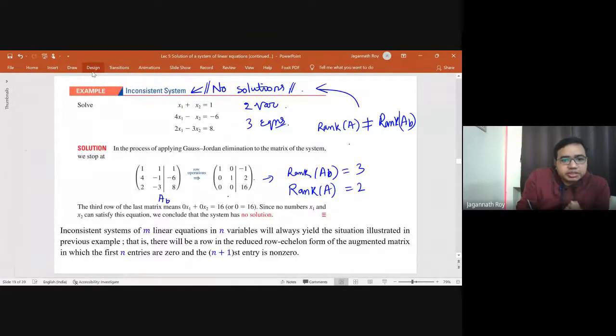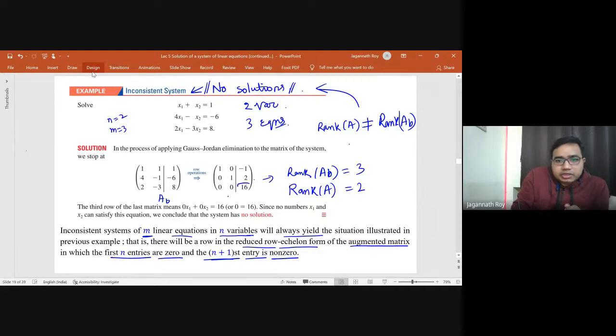In the inconsistent system, if you have a generalized system of M linear equations, here M equals 3 and N equals 2, in N variables, it will always give us a situation where in the reduced row echelon form of the augmented matrix, the first n entries are 0 and the n plus 1th entry will be non-zero.